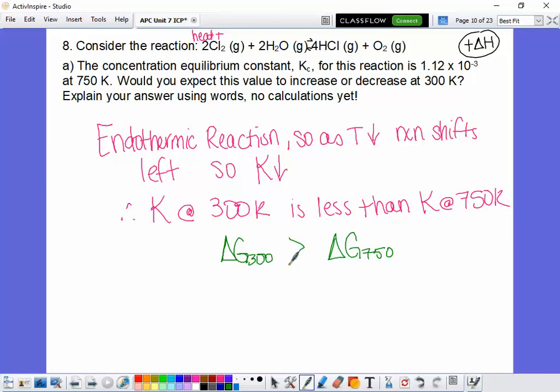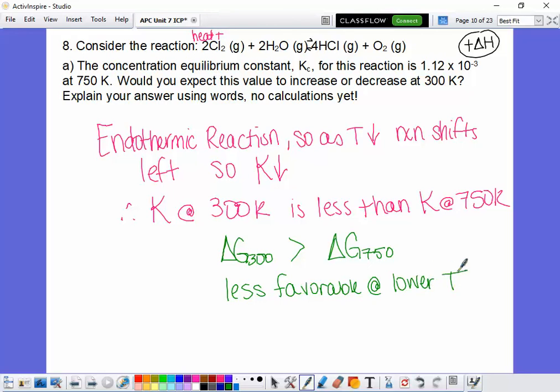Delta G at 300 should be greater than delta G at 750 because decreasing temperature is shifting it more and more to the left, making it less favorable, becoming less favorable at lower temperatures.